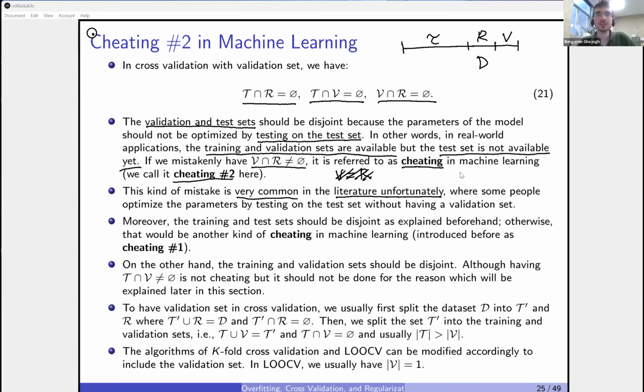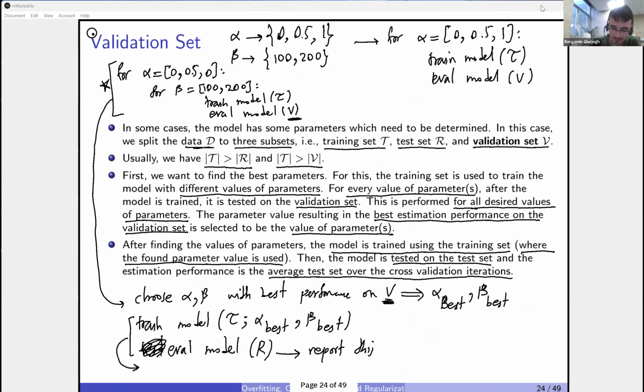Okay, so I was saying that in deep learning especially, this cheating is very common. Do you know why? Because do you remember here in the for loop that we have for cross-validation, every loop, maybe in the nested loop, we need to train the model again from scratch.